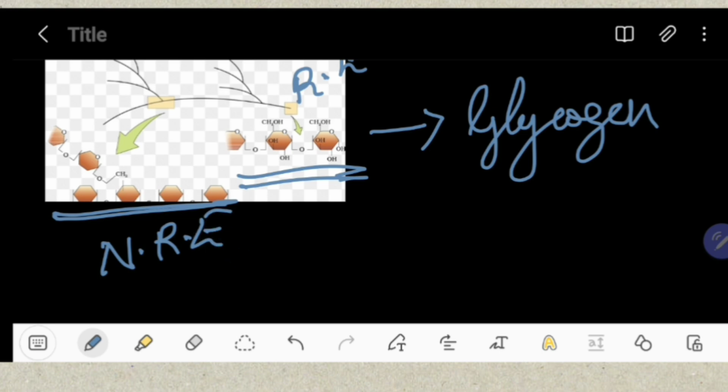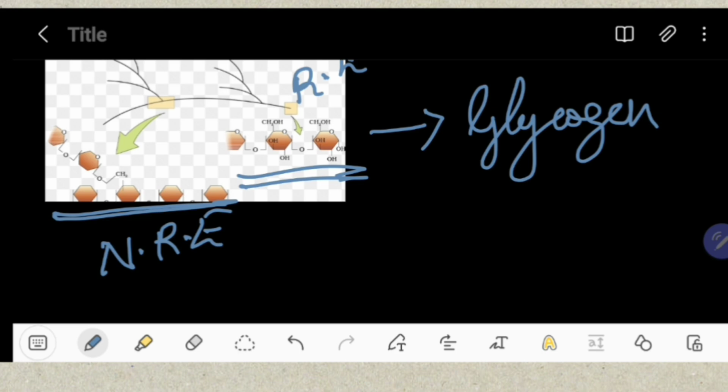Just remember that in disaccharides and all, we call the whole disaccharide reducing or non-reducing. The same applies for a monosaccharide. But in a polysaccharide, the right end is the reducing end and the left end is the non-reducing end. Now, types of polysaccharide based on mono units.